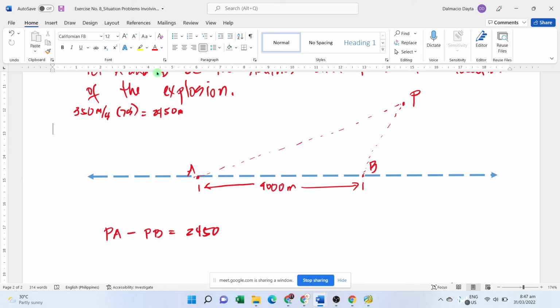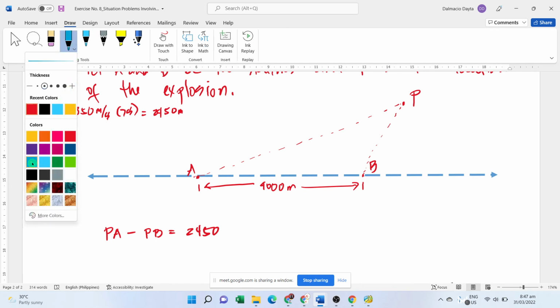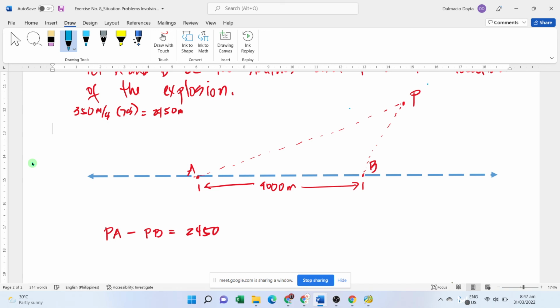Then we'll have the possible locations as, let us say, these if A and B are foci. On the other side, it is the same. The distance A minus B will be the possible location. So we have the hyperbola, with a difference of distances of 2,450.